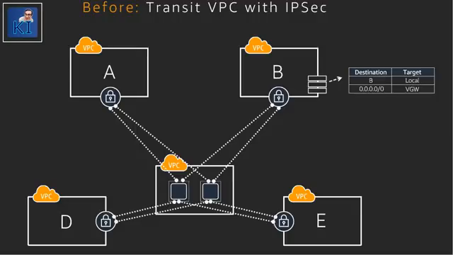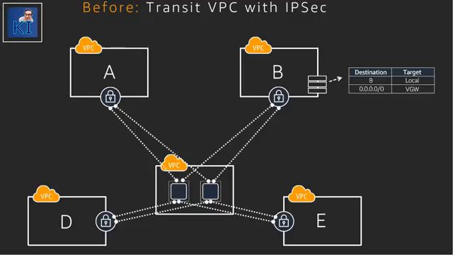What they were doing was, they used to maintain a central VPC. As you can see, this VPC in the center, and they were creating VPN connections from other VPCs. This is the central transit VPC, and there are VPN connections from all these places.